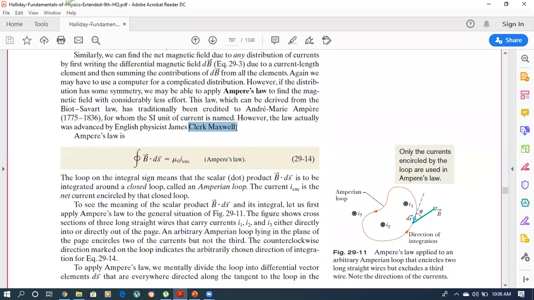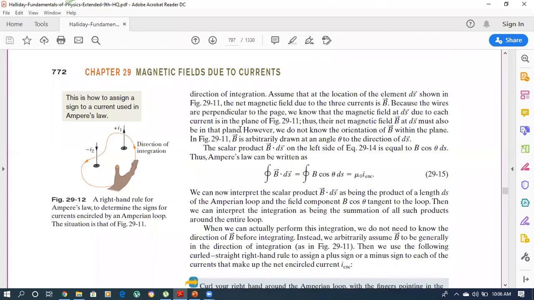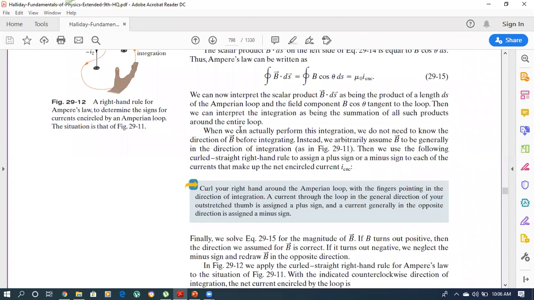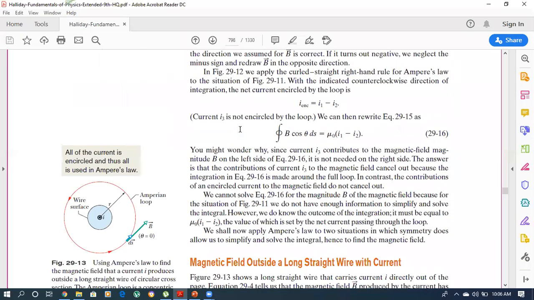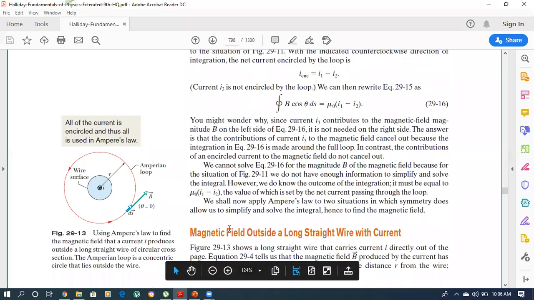We will see in the next chapter what the Maxwell equations are, and what the importance of Ampere's law is in these Maxwell equations.